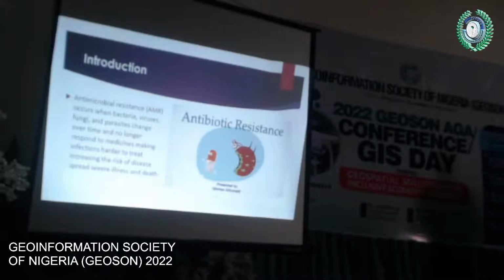And by this time, after about 100 years, they are coming back with new technology, new fighting skills to make drugs ineffective. So bacteria, viruses, fungi, and other parasites change over time such that the medication we take no longer has effect on them.